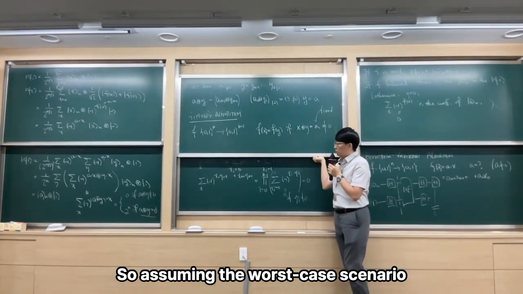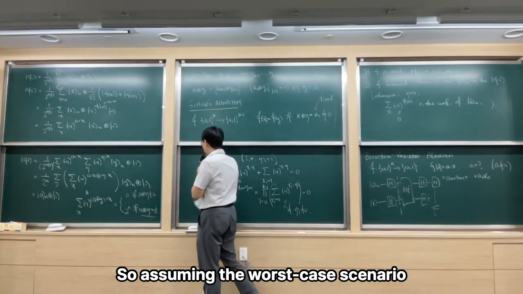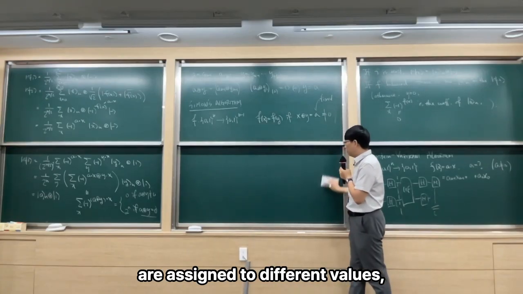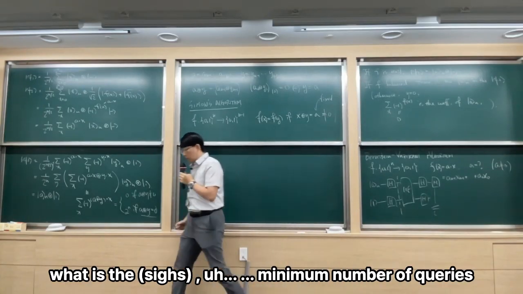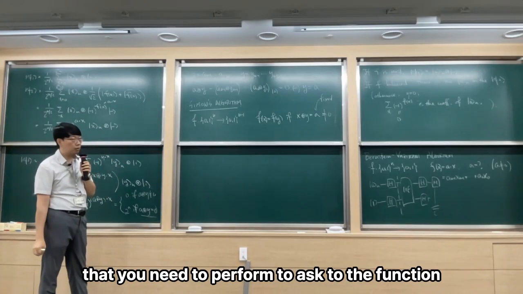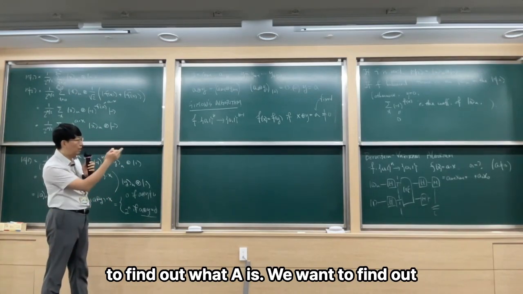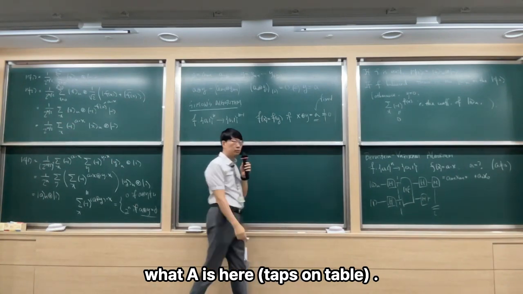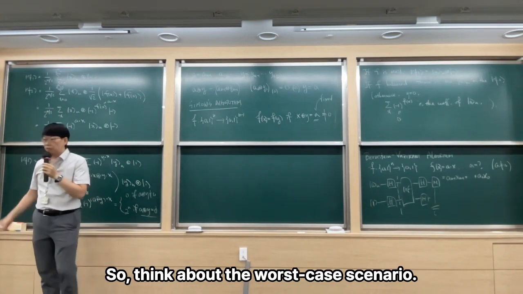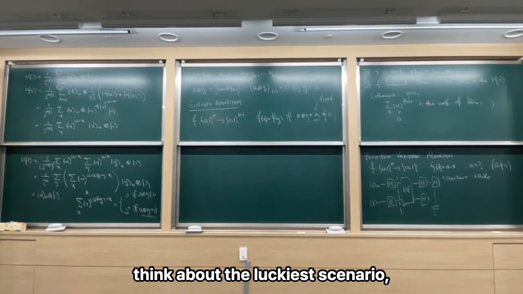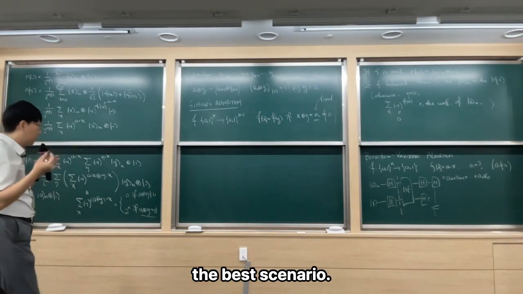So assuming the worst case scenario, that every pair of two inputs is assigned a different value, what is the minimum number of queries that you need to ask the function to find out what A is? So think about the luckiest scenario, the best scenario.